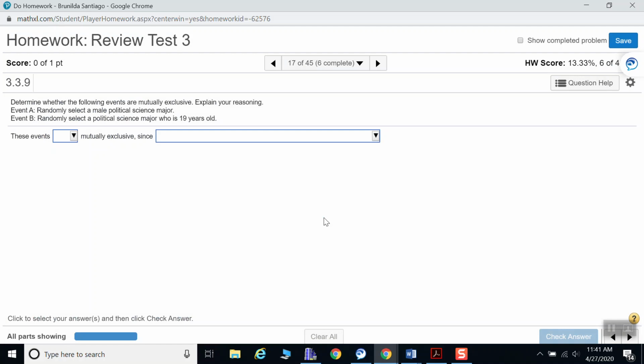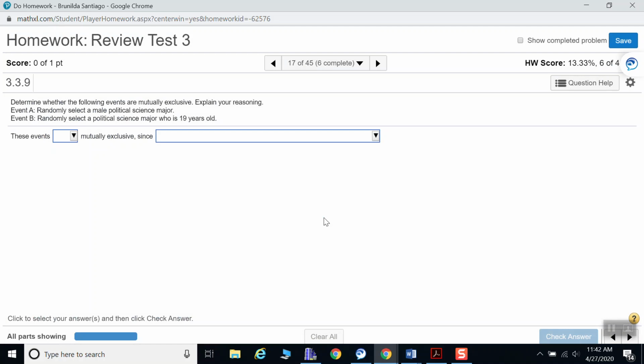Number 17, determine whether the following events are mutually exclusive. Explain your reasoning. So mutually exclusive, basically, means they do not overlap. They don't have any outcomes in common. Event A states to randomly select a male that is a political science major. You have to compare that with event B, randomly select a political science major who is 19 years old.